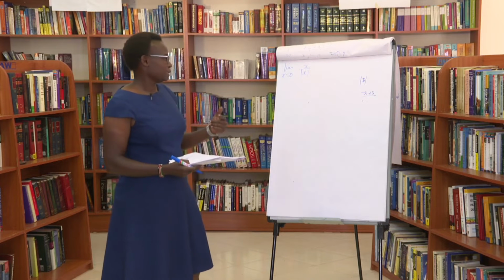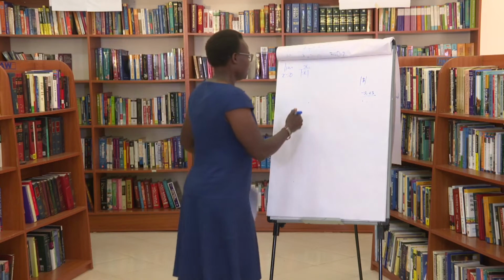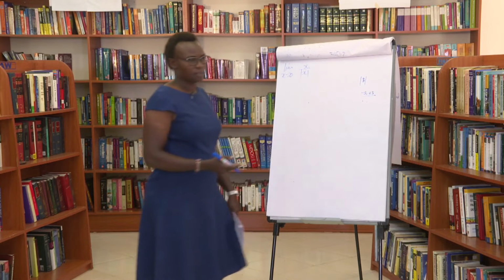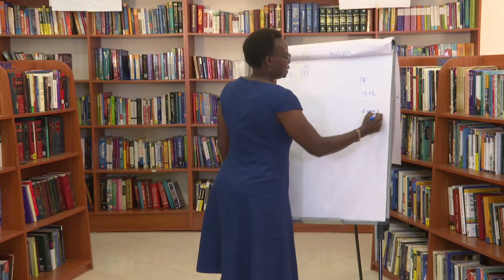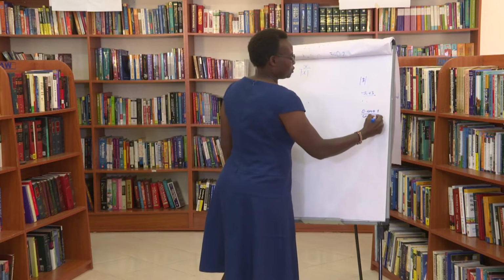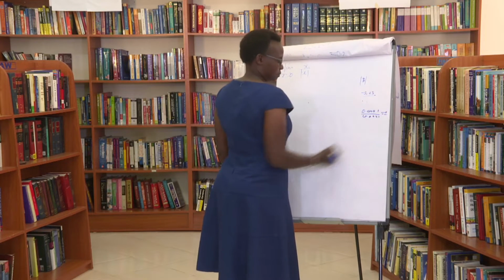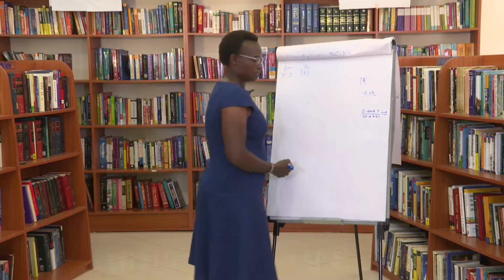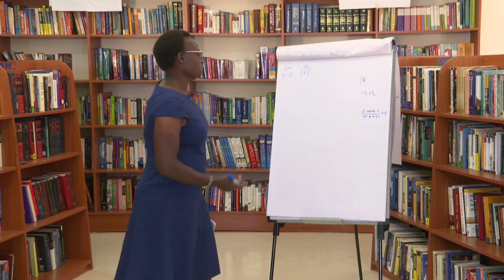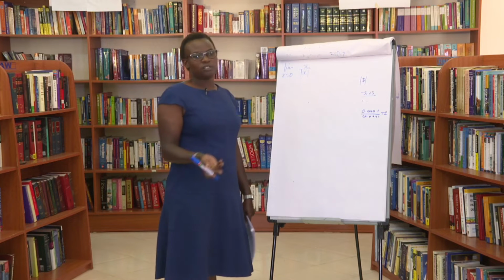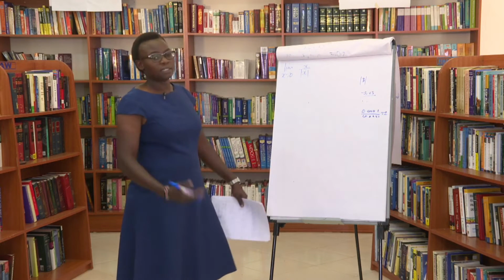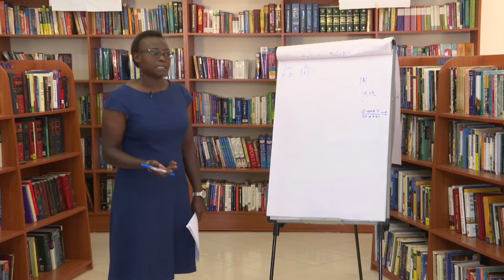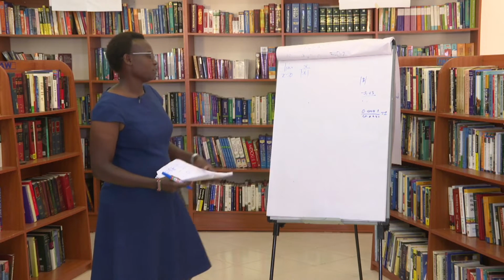So it implies that instead of picking values that are very close to 0, for example 0.00001, 0.00001 over 0.00001 will still give us 1. Whether it is negative or positive, it will give us 1. So we can just pick integral values from the left to represent values that are very close to 0, and integral values from the right to represent values that are very close to 0.